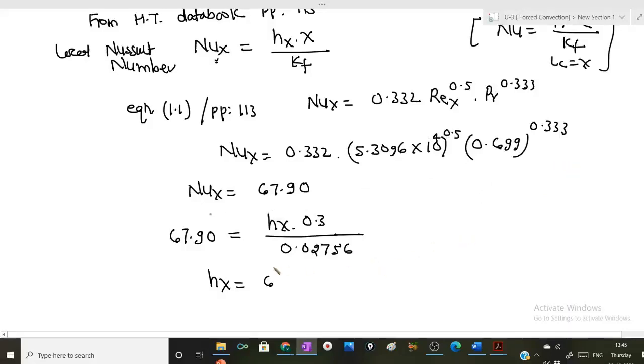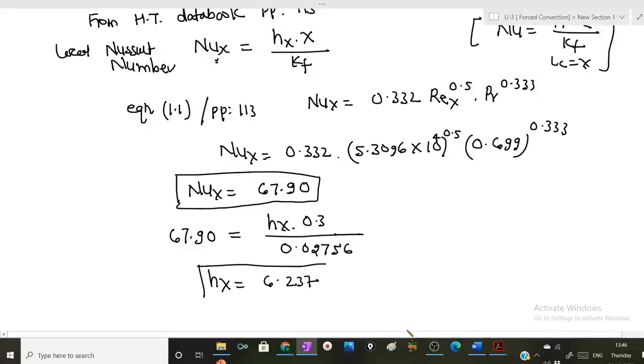Okay. So the value of NUX will be 67.90. So the value of Hx comes out 6.237. I hope all of you have got the same value. This will be the answer.